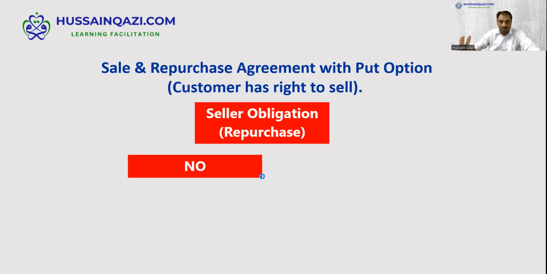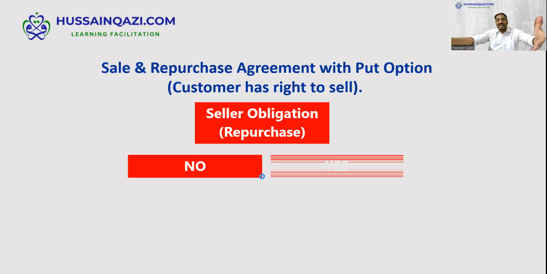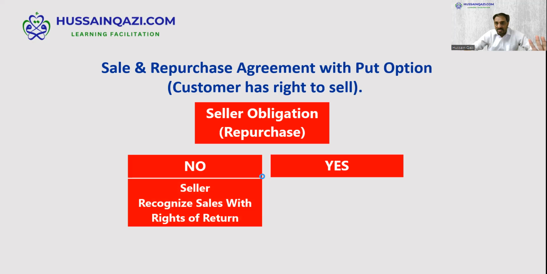If the answer becomes no at the transaction, the situation is that this put option is not expected to materialize. That means the seller will recognize the sale. Once again, the seller at the time of transaction needs to assess whether the obligation will materialize, yes or no. If no, that means the seller has sold the goods.